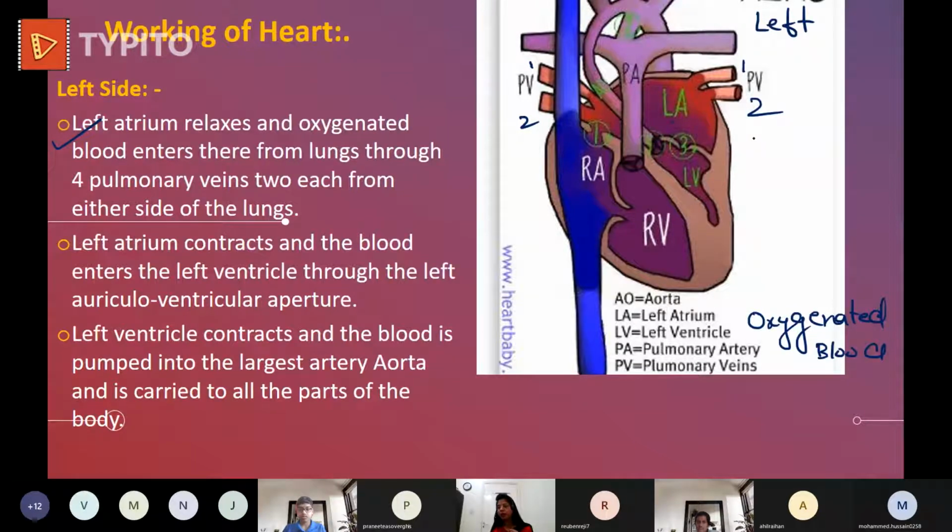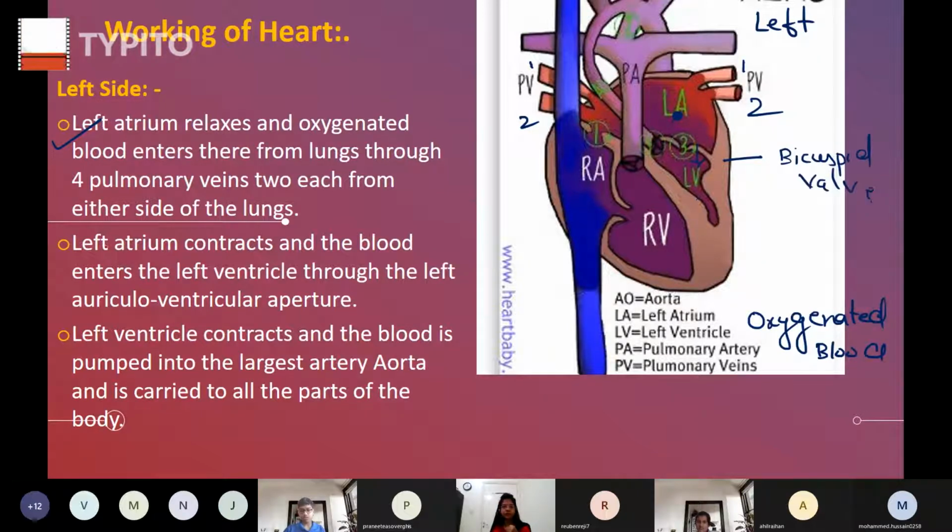So there are four pulmonary veins. They will pour their blood right here, and then the second step will start: the left atrium will contract, and all the blood from the left atrium will come to the left ventricle through the bicuspid valve.